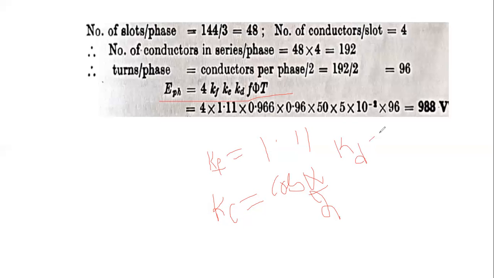What is the formula for Kd? That is sin m beta by 2 by m sin beta by 2.